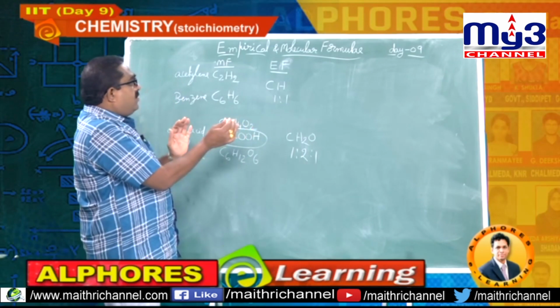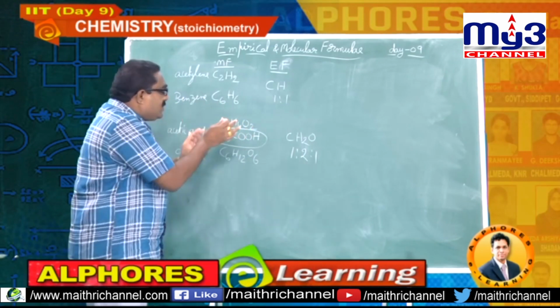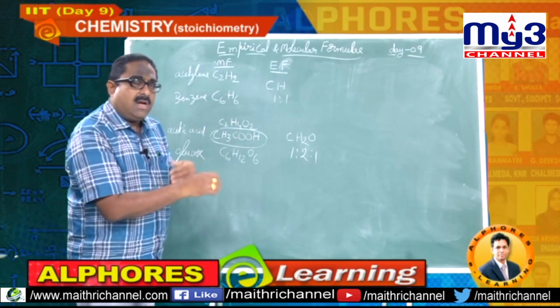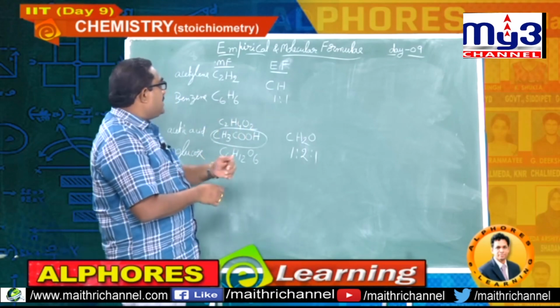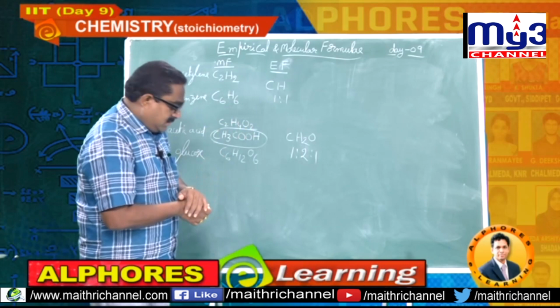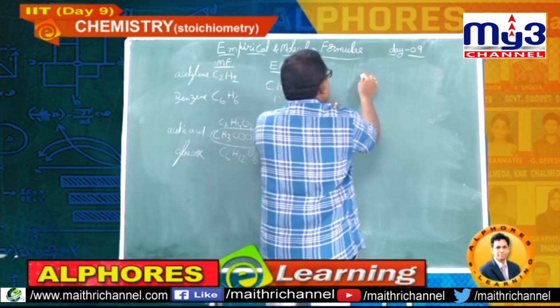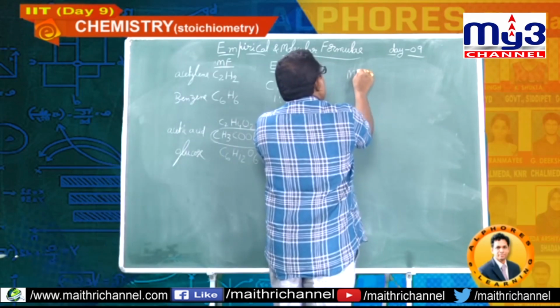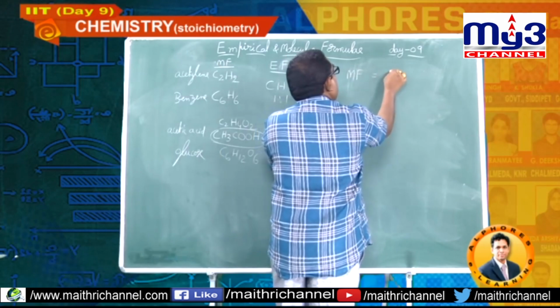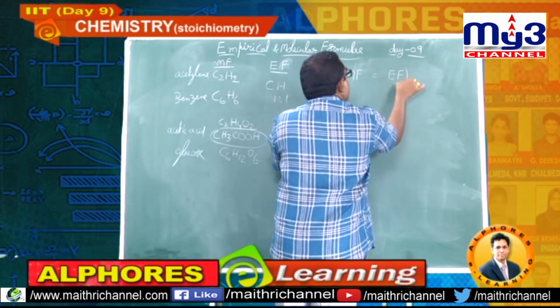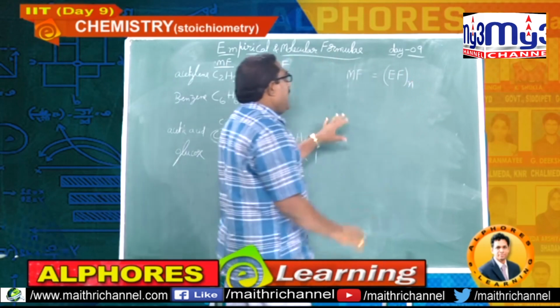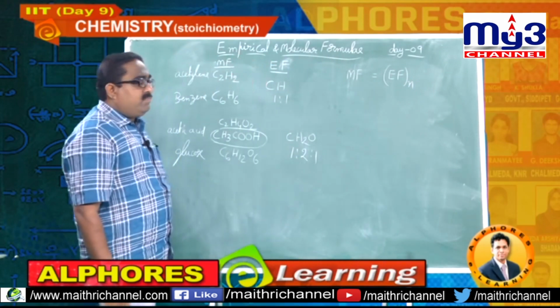How we have to relate these two for a particular compound, that is our next part we have to learn. Right. I am writing that relation. Molecular formula is equal to empirical formula taken n times. Write down, students.